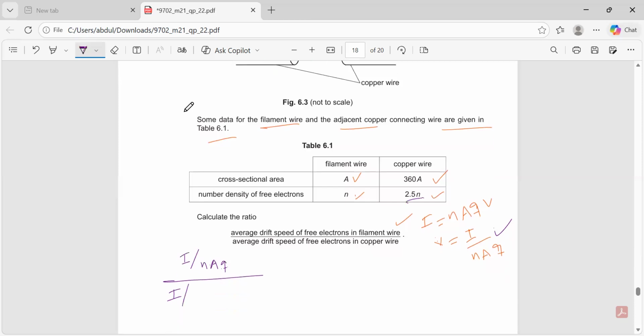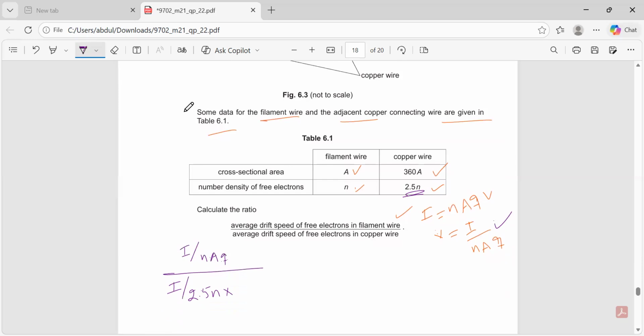It is not N now. In copper wire, it is 2.5 N times area. Here area was A, but here area now is 360 times 60A, times Q as it is. Now, my dear sons, very simple.